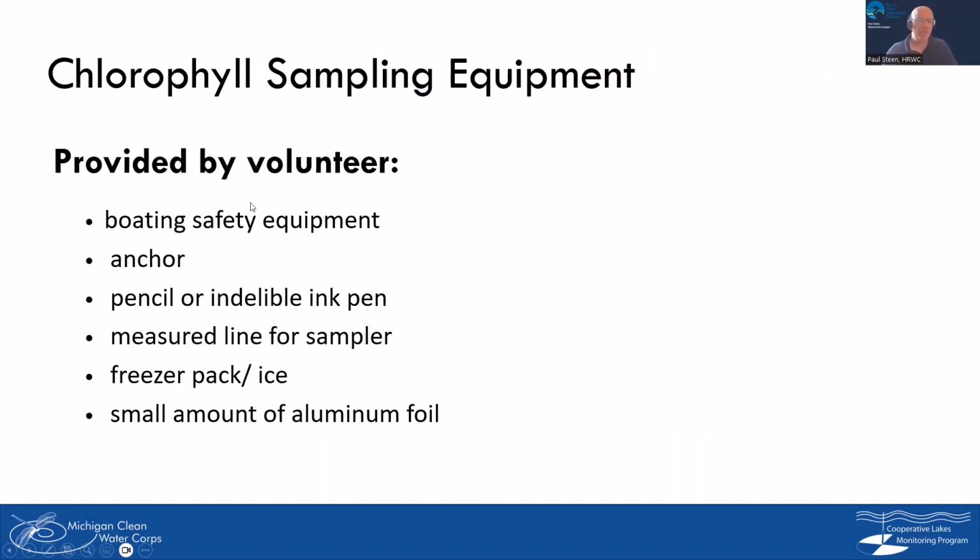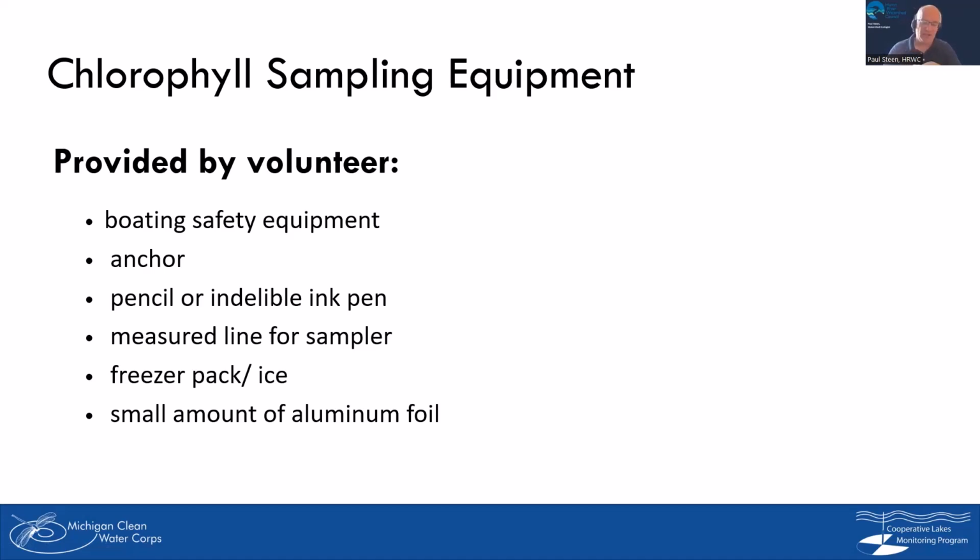There's a few things you need to provide. We want you to have life jackets out there, so does the law. You need an anchor to get in position. You need a pencil or a Sharpie, something that won't run in water, to write your data sheets and your labels. The equipment needs a measured line, and the measured line is something you provide.